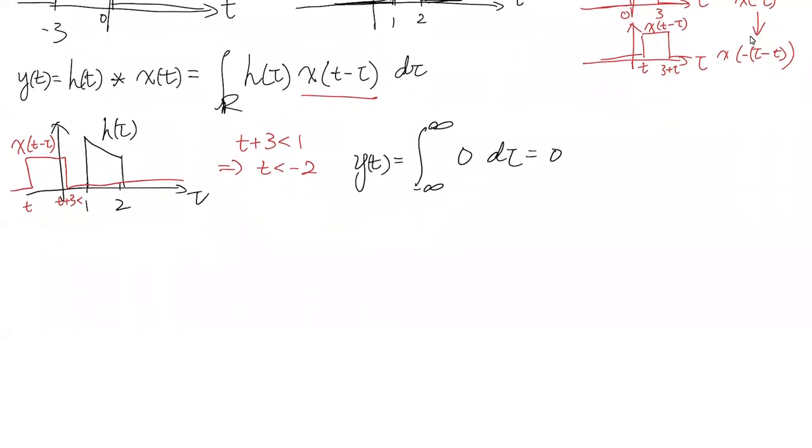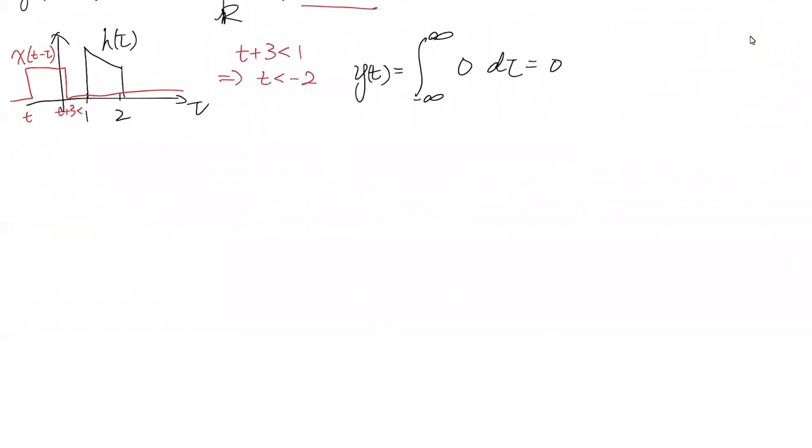Now let's look at another scenario. We do it one by one. Tau, 1, 2. And note this red one is actually wider, so this width is 3.